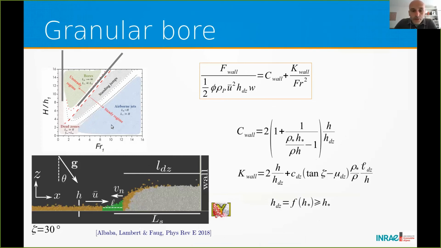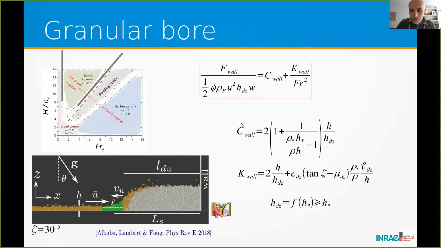And with this model, again, you can go to this definition of an equivalent drag coefficient. So the ratio of the force relative to the kinetic force, which is again a sum of two terms, a purely drag coefficient, C_D^wall, and an earth pressure coefficient divided by the square of the Froude number.